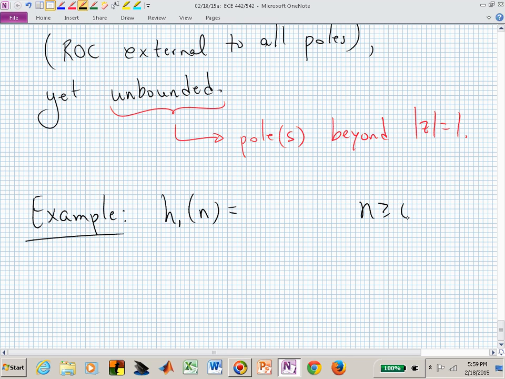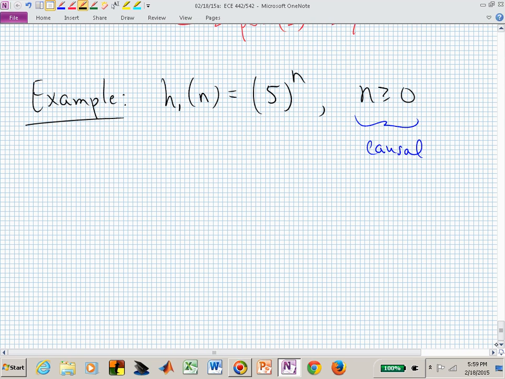If it's causal, we know that. And if it's unbounded, then we can just make something bigger than 1, let's say 5, raise that to the nth power. That's now an unbounded waveform that's causal. And what's its pole zero diagram look like in the z-plane? And its region of convergence.